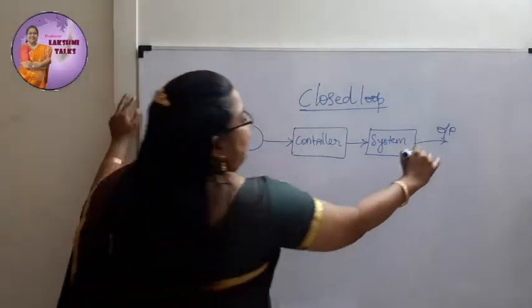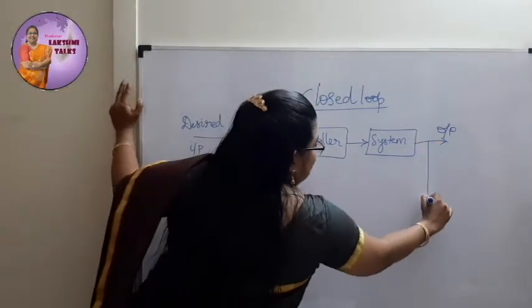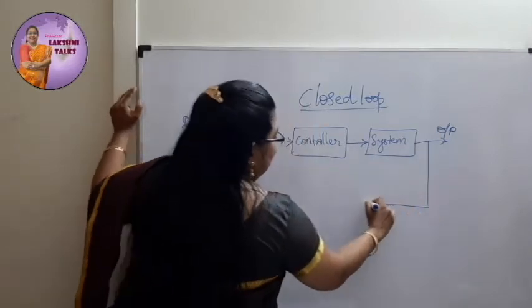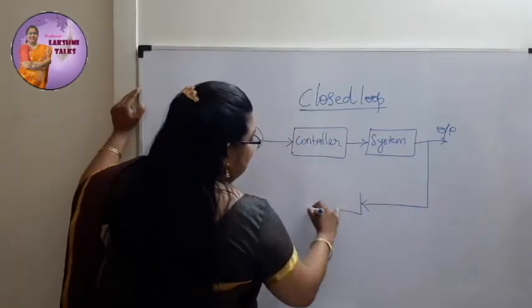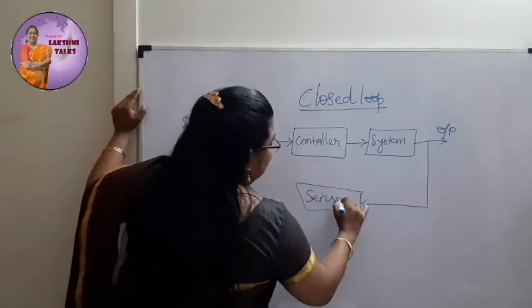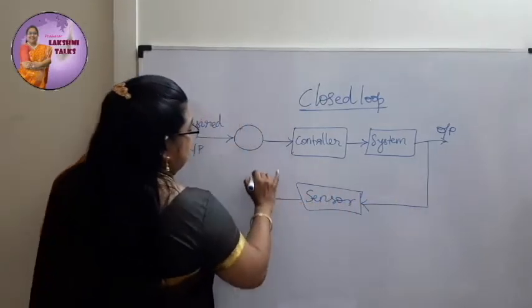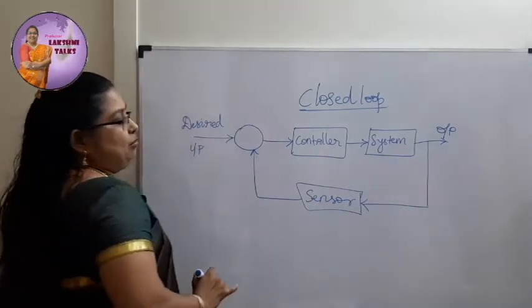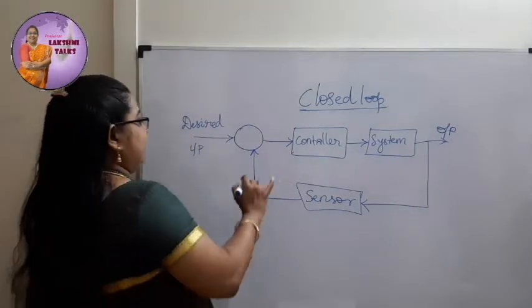Okay, if the partial output is measured through a sensor and fed back, then it becomes a closed loop, right?